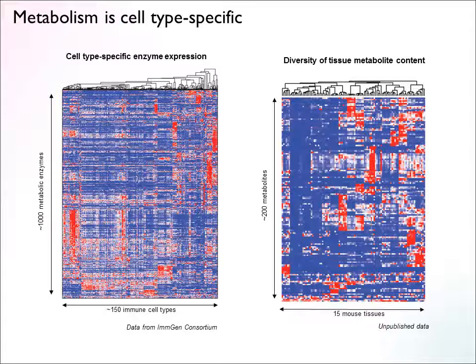So it really seems like the variations we see in enzyme expression patterns across tissues also translates to metabolic specialization. This is still very poorly understood overall how this works, but it's clear that there are different types of metabolisms in different tissues. So this is a highly specialized process.